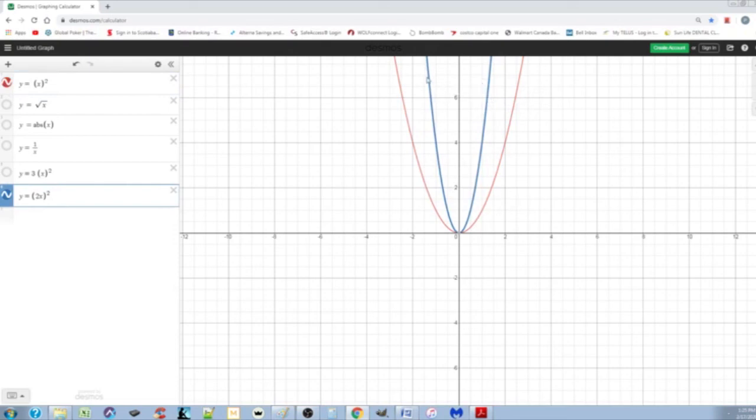So you can see it's easy to draw. My parabola is just halfway in between the line of symmetry and the old parabola. If there was a 4 over here, the parabola is actually a quarter of the way from the line of symmetry and the original parabola. It's actually quite easy to draw.